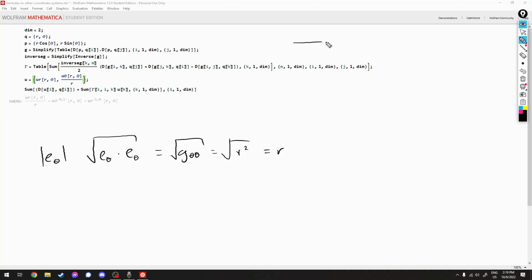Because basically, if I have a big basis vector and a small basis vector, the component with respect to the small basis vector is going to be bigger than the one with respect to the big basis vector, so I need to account for that by dividing by the length.